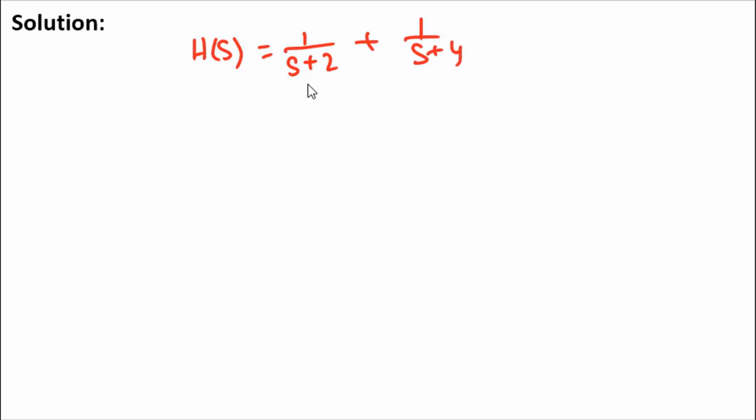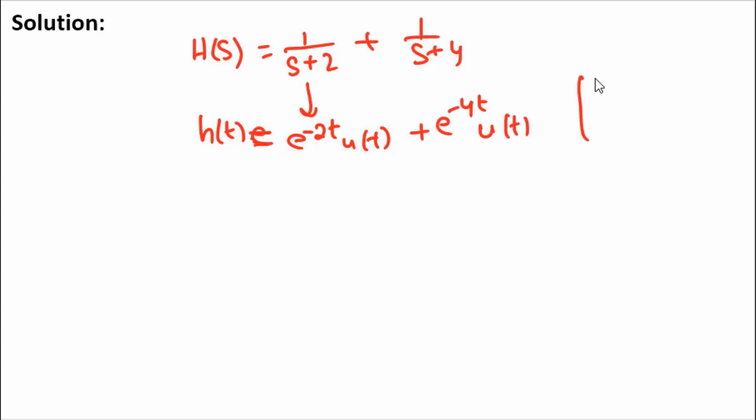Now by applying the inverse Laplace transform, you get h(t) as e^(−2t) u(t) + e^(−4t) u(t). I am using the Laplace transform of e^(−at) u(t), which is given as 1/(s + a). By the help of this relationship, I am converting H(s) to h(t).